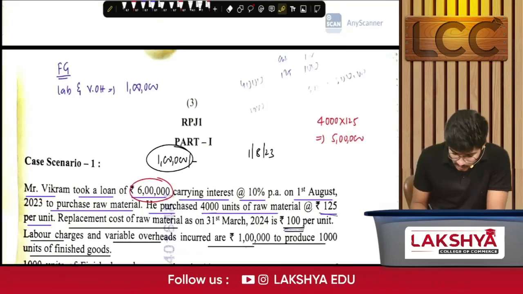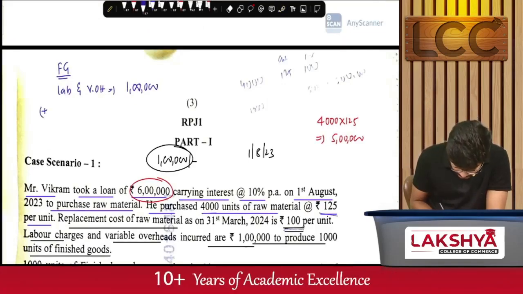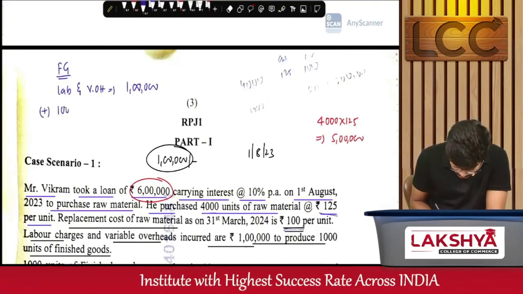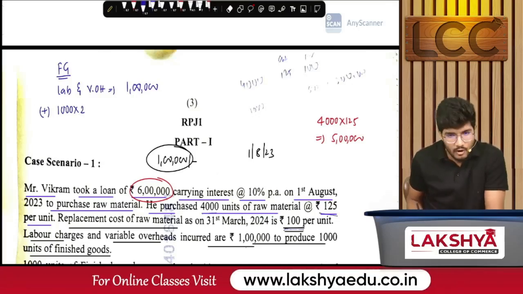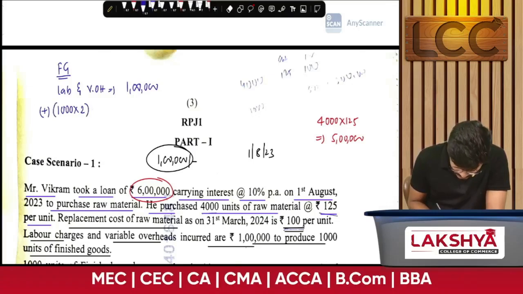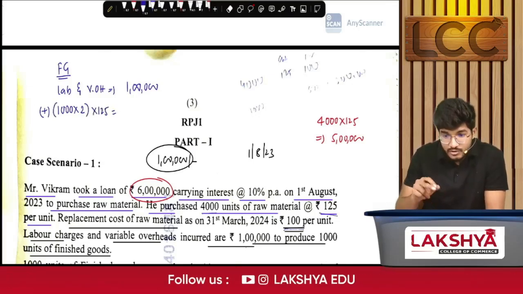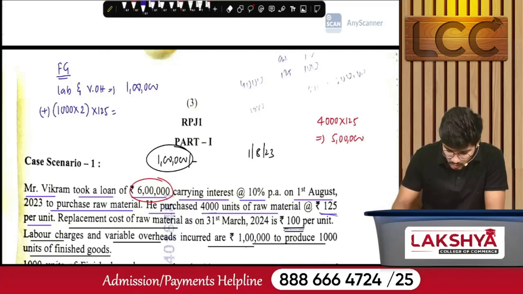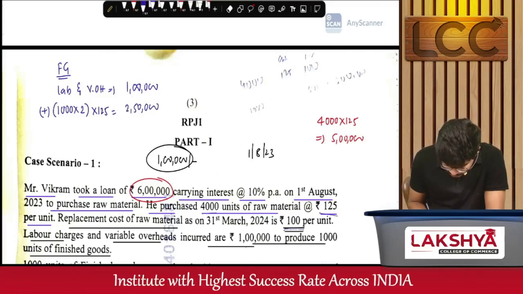Each unit of raw material costs 125. That means raw material used to produce the finished goods is 1000 into 2 into 125, that is around 2,50,000.